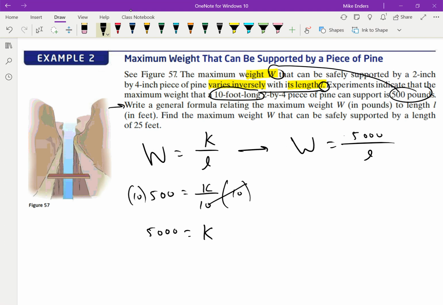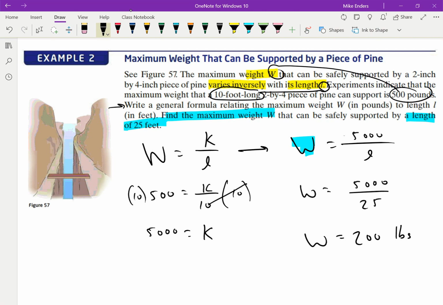The question posed to us in the example is to find the maximum weight W that can safely be supported by a length of 25 feet. So my length is 25. Let's replace L now with 25. 5,000 divided by 25, we can plug that into a calculator, and I end up with 200, and this is in pounds.